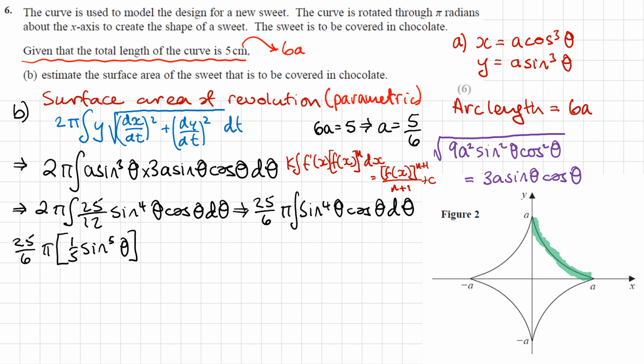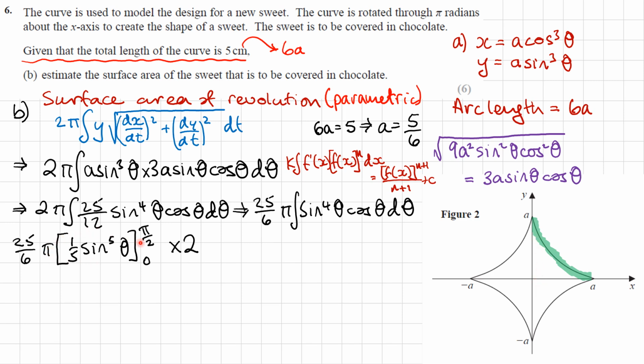So using the limits of 0 and pi over 2, once we've worked this out, we only need to times it by 2, because the formula is going to rotate this a full 360 degrees. Yeah, just that quarter, and that will give you half the suite.